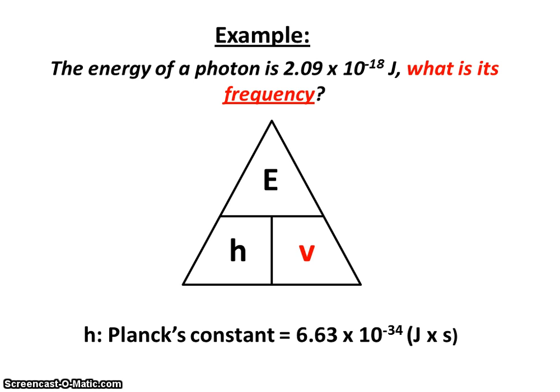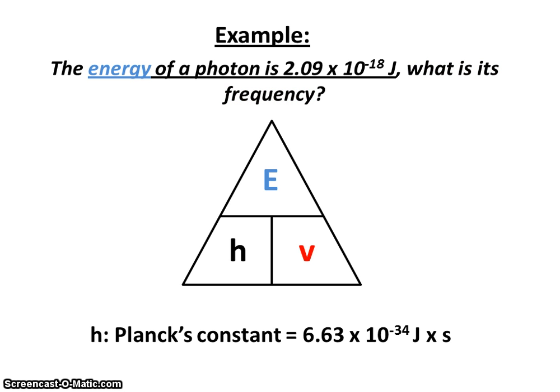Knowing these two things, now we have to look at the problem and ask ourselves, what are we trying to find? In this case, the problem is asking us to find the frequency, and therefore, looking at the triangle in red, we have the frequency. Now we also have to look at the problem to see what else we know. We know by the problem that the energy of the photon is 2.09 times 10 to the minus 18 joules.